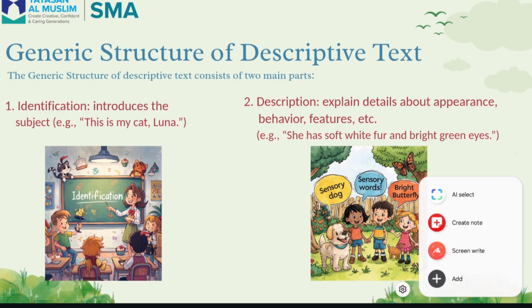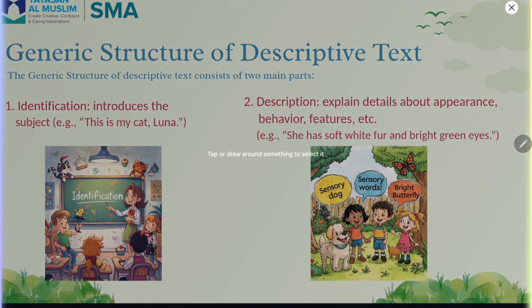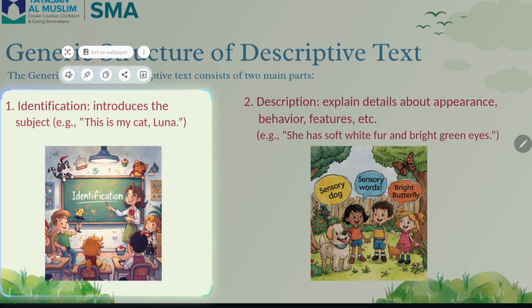The first one is identification. Identification introduces the physical of the subject. For example, if we want to describe a cat, we can say, this is my cat, Luna. The name of the cat is Luna.